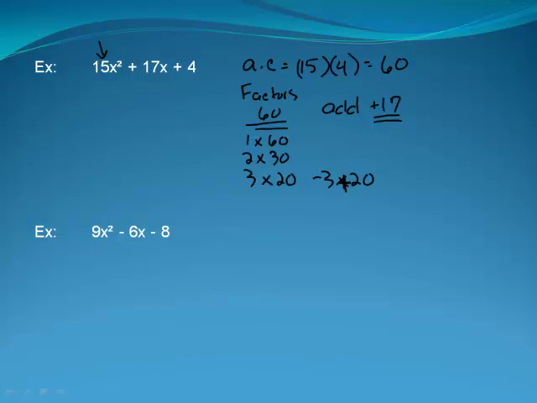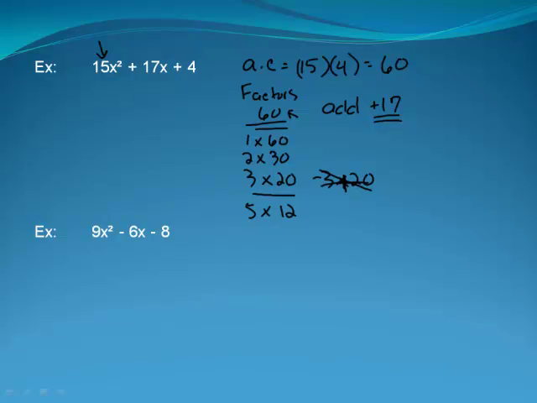But that doesn't work for the multiplication step, because negative 3 times 20 is negative 60, and this is a positive 60. So on the surface, it looks like some combination of 3 and 20 should work, but in this case, it does not. So looking for more factors, another possibility would be 5 and 12.